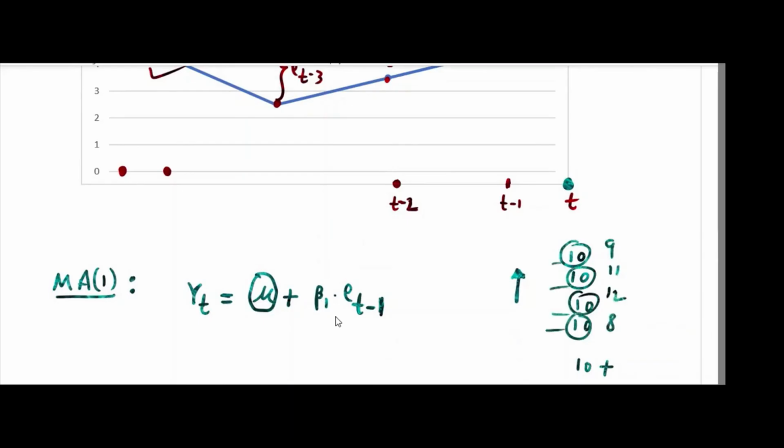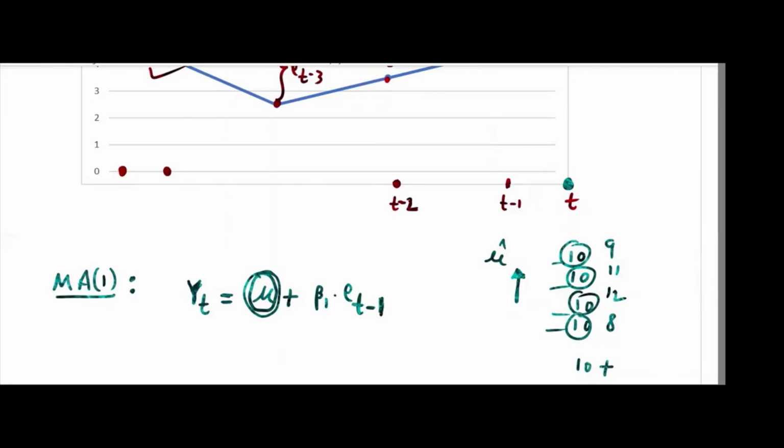Suppose average is 10, that is mu cap. So this one anyway I have to take plus a part of recent error, okay? Recent error I will take. In MA1 I will consider only one error. See, I have not written any y dependent. This is not regression. In auto regression, we take the past value. We have not taken past value. We have taken the past error. In that case, the chain of dependence will not be there.